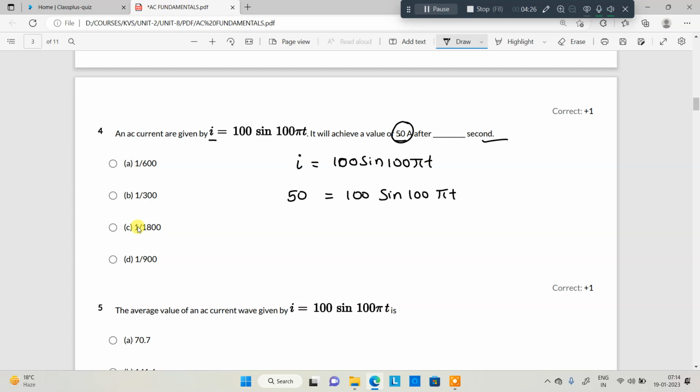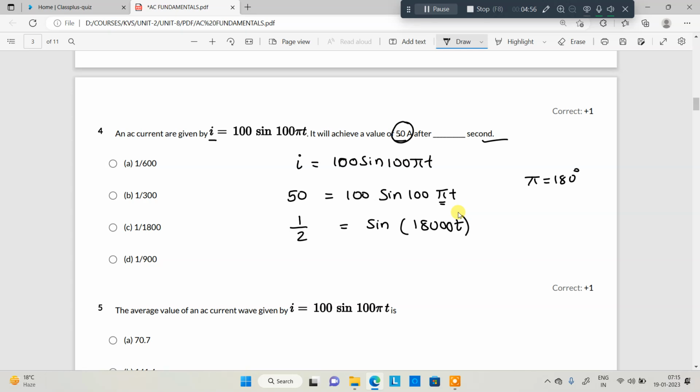Now the 100 on the left-hand side, it will be 1 by 2, right? Next, sine of 100 into pi, where pi is 180 degrees. That will be 100 into 180, 18,000 t.